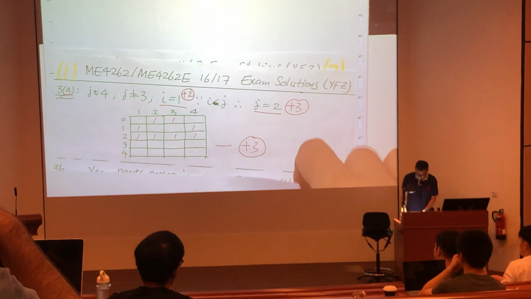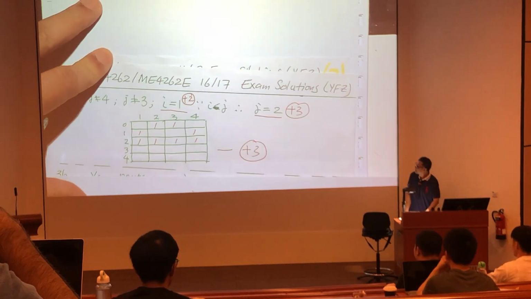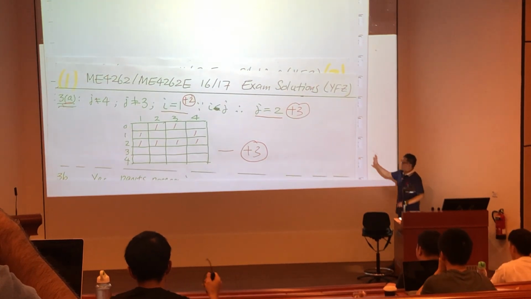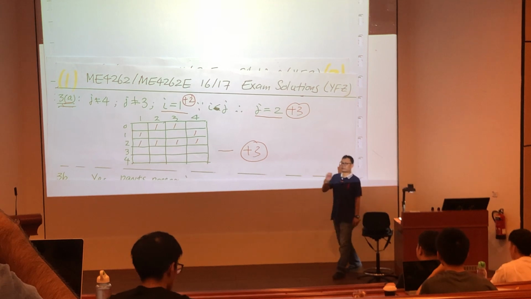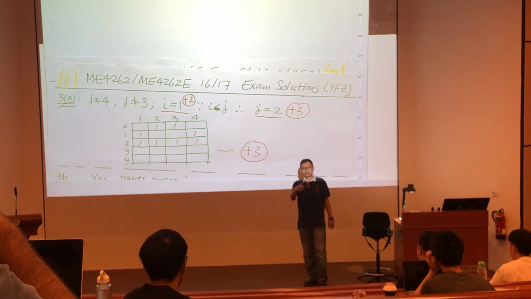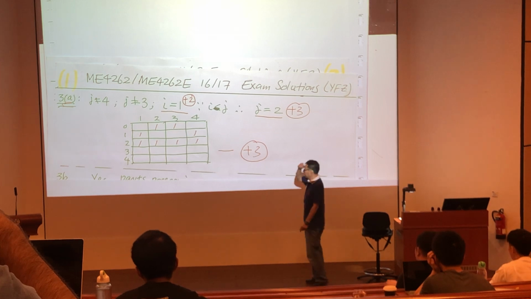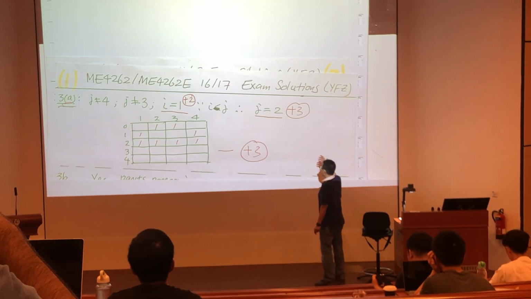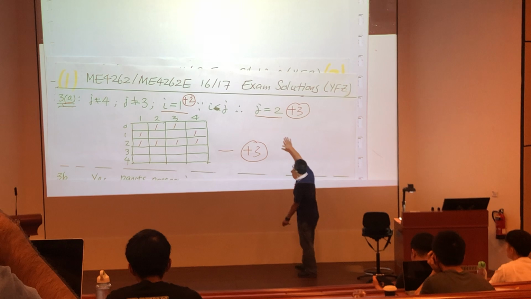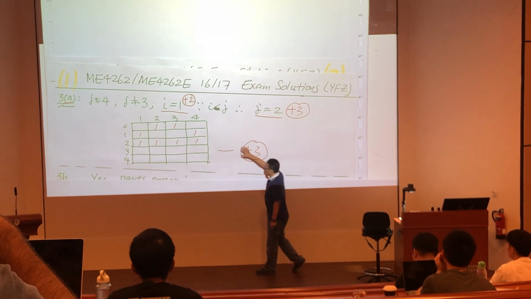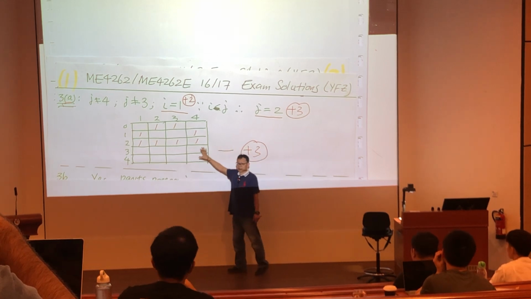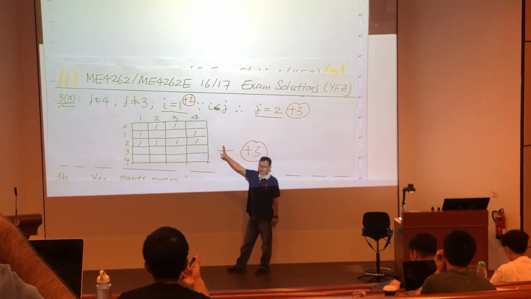So the solution. Okay, let me make this clear. You don't need to copy the solution. Okay, later you can come up to take a photo. I have 1 or 2 pages of the reference solution here. You just follow me. So basically, you got I and J, and then for the matrix, 4 digits, value from 0 to 4.